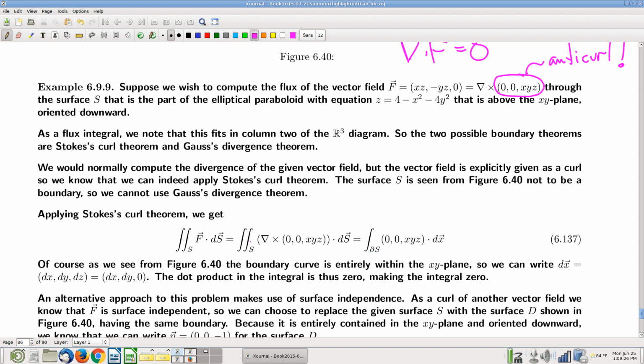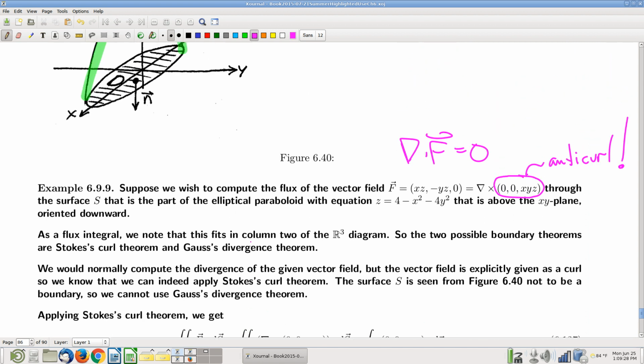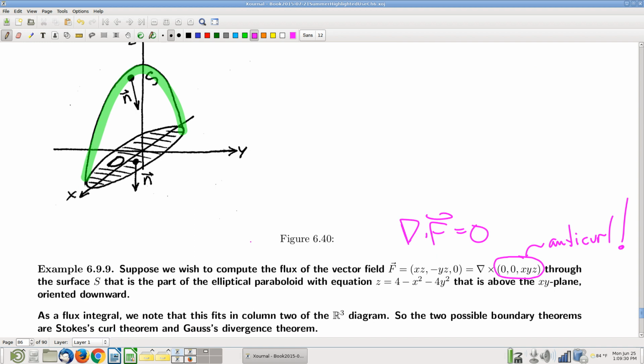Okay, all right, another option. Now, of course, you might have seen this one coming, and so when we saw a question like this one previously, we were looking at a surface that looked a lot like this one, and we made a different argument. We used surface independence. That's another freebie that you get when the divergence is 0. There are several equivalent conditions, and one of them is pick your favorite surface.